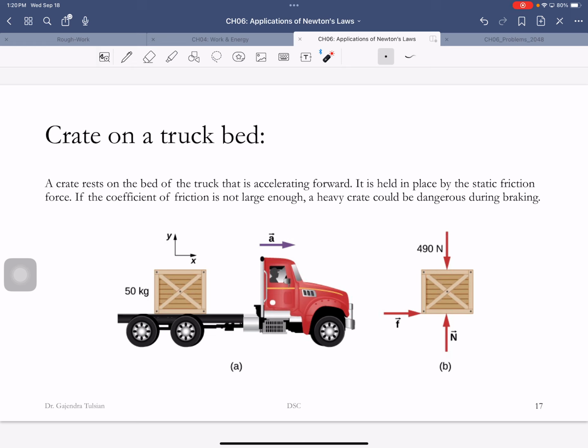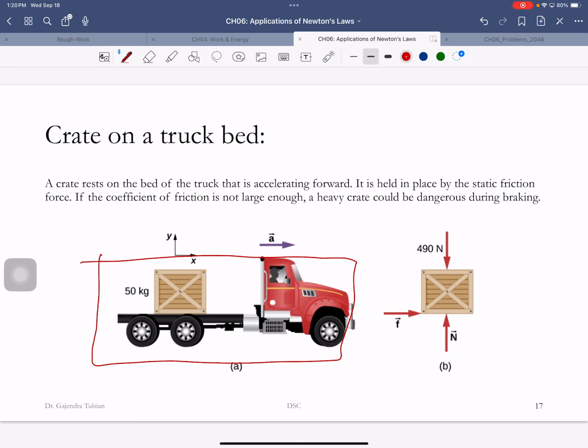If you look at the whole object, Newton says there's no two ways around it. This whole object is accelerating, so the net force on the whole object should be the mass of the whole object times the acceleration. That's the equation for the entire object.